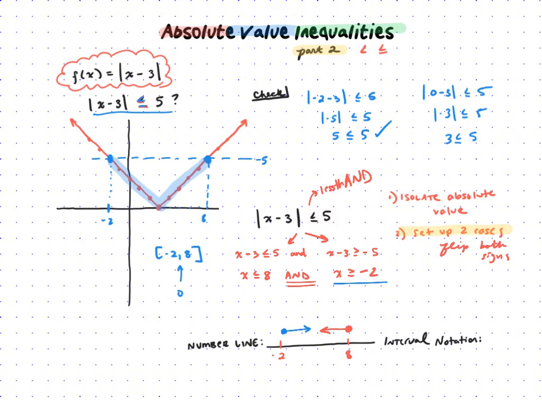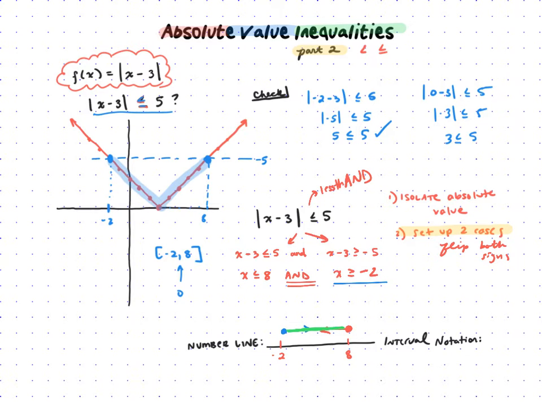But if the number has to be both less than or equal to 8 and at the same time greater than or equal to -2, that's what and means. It means both. Whereas or in math means it could be this, it could be that. If it's either, you're good. But in math, and means it has to be both. So your answer is between.